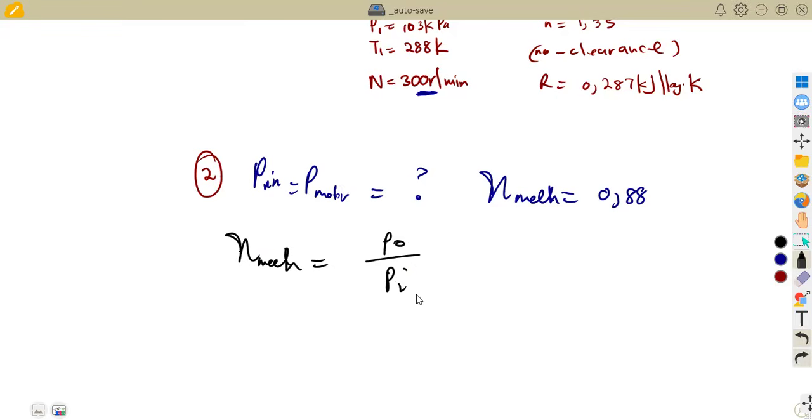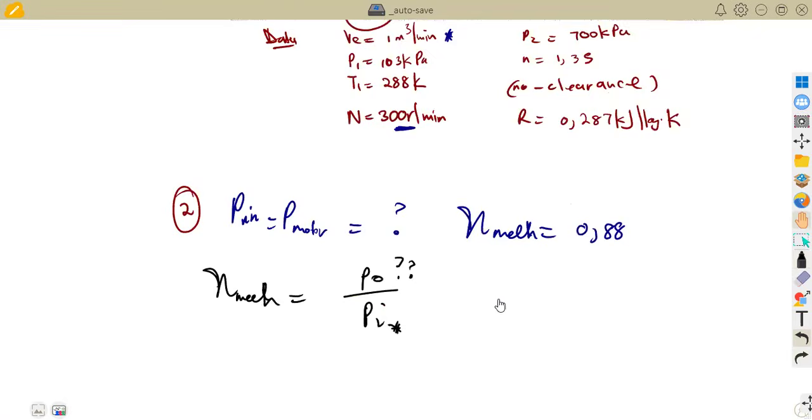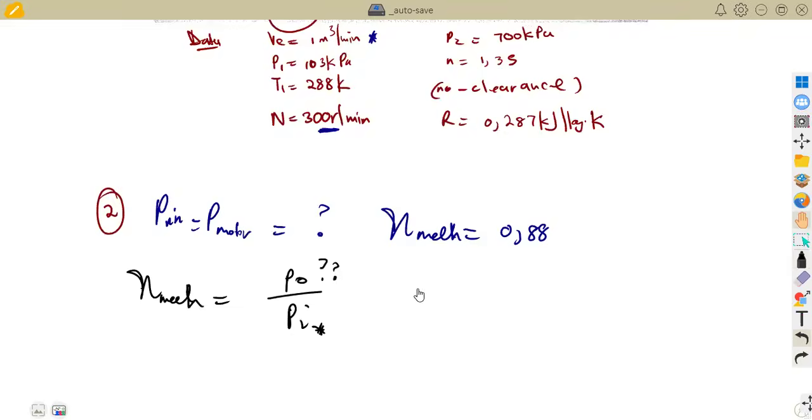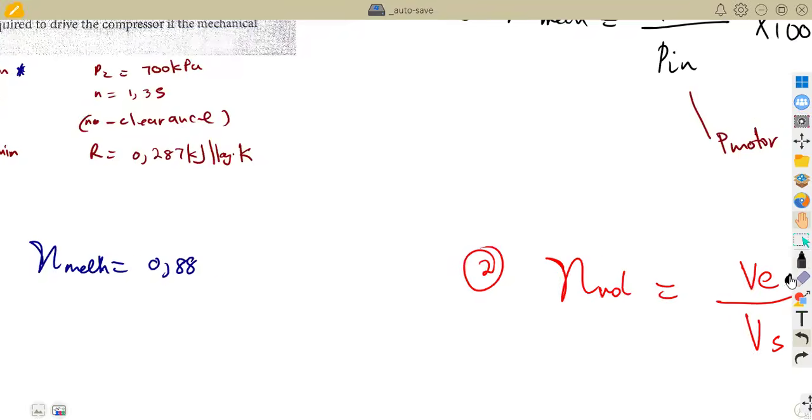So this one is the one that we are supposed to calculate, but this one we do not have. So where are we going to have P out? It means we have to calculate P out first, because I said P out is the compressor power.